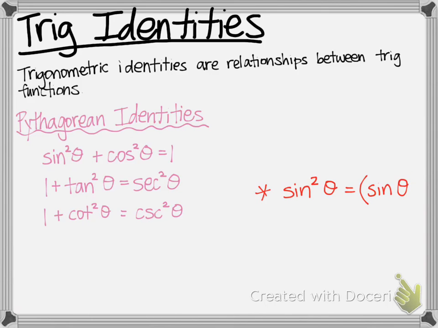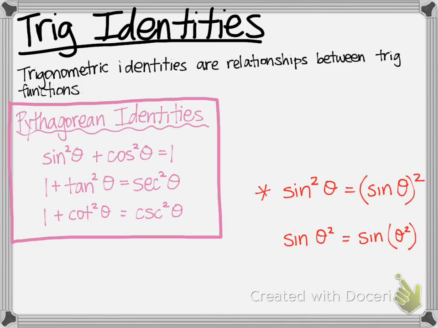Just some notation here. When it's written like this, that is read as sine squared theta. What that means is that sine of theta is what's being squared. We don't write it like that because we don't want that squared term to get in the way of the sine, meaning we don't want it to get confused with what I wrote second.